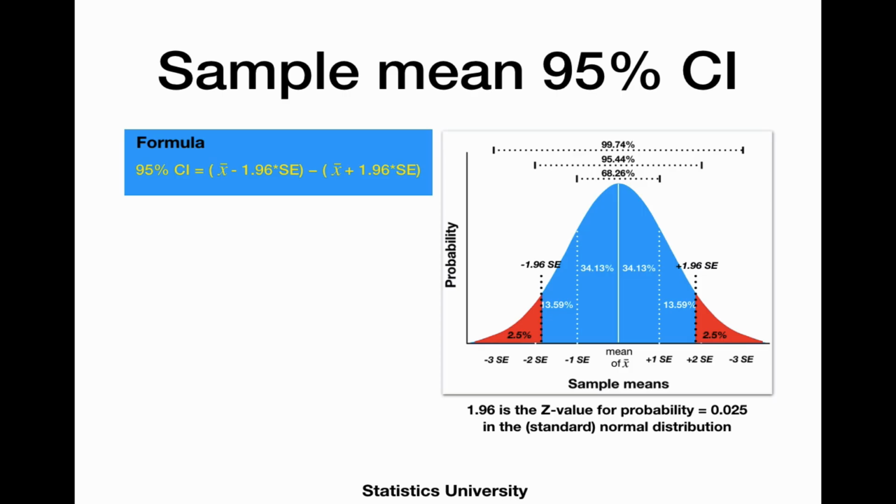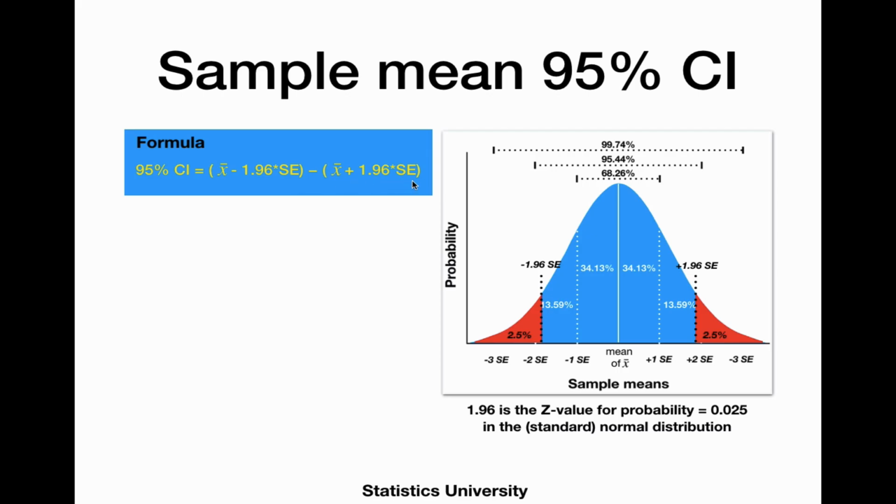And this is how you construct a 95% confidence interval. You take the sample mean and you subtract from that sample mean 1.96 times the standard error. And that gives you the lower boundary of the 95% confidence interval.